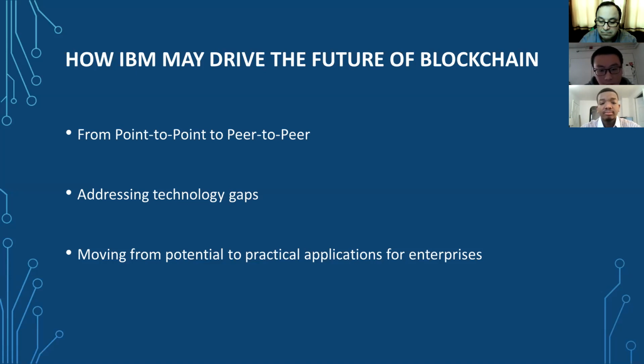The second is addressing technology gaps. IBM provides a project that is expressly designed for enterprise, so it could earn broad industry support and better serve as an industry standard. The last thing IBM can do is move from potential to practical applications.